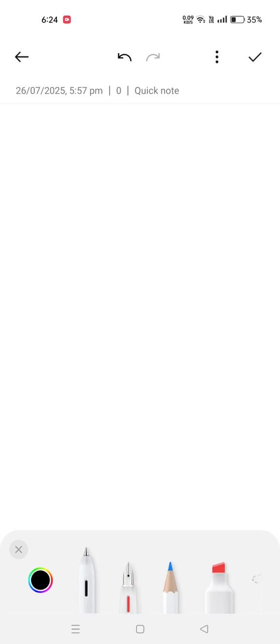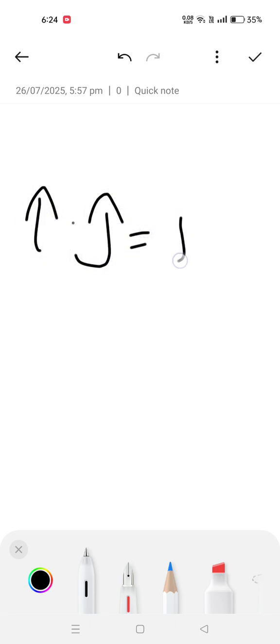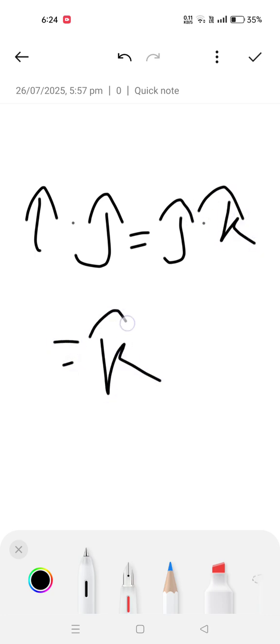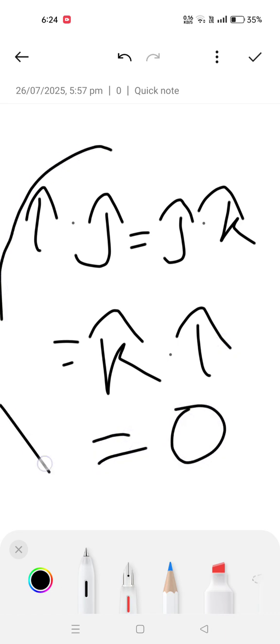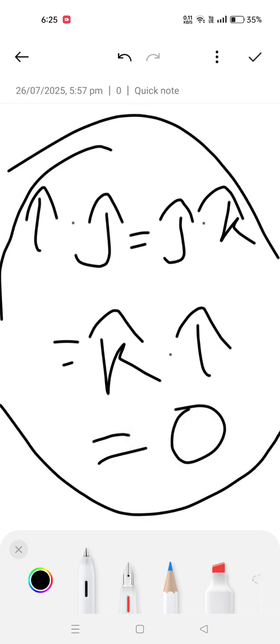Basically remember this sequence, i, j, k, like that. So basically you can write it as i cap dot j cap is equal to j cap dot k cap, which is equal to k cap dot i cap, and this is equal to 0. So basically i into j, j into k, and k into i is equal to 0.